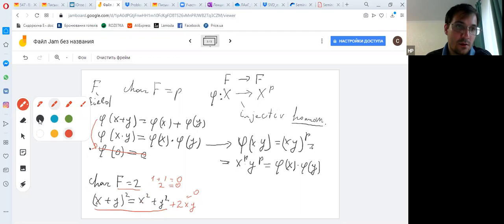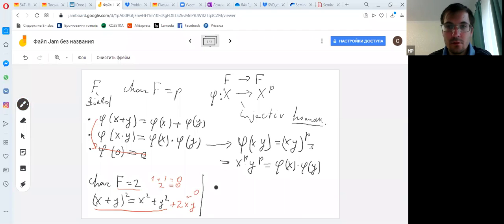Okay, and what about the common case? The characteristic is equal to p. Then x plus y in power p, which is phi from x plus y.